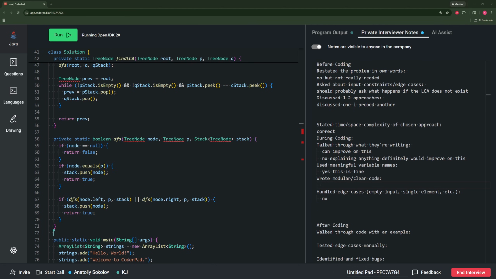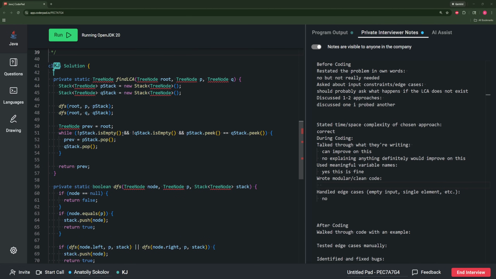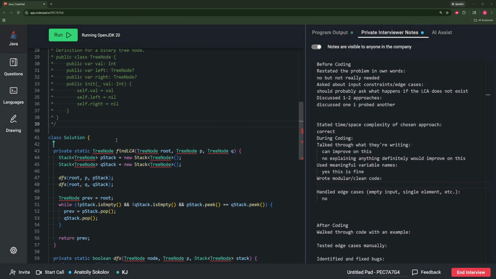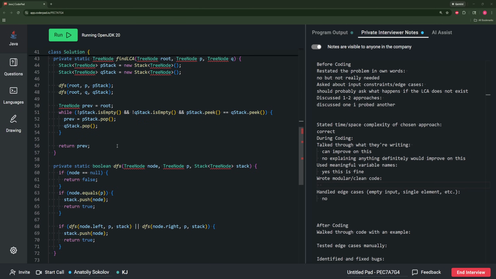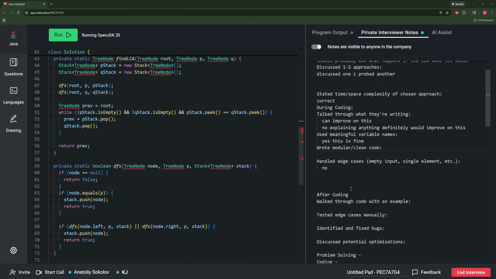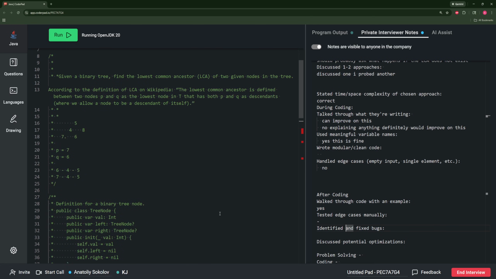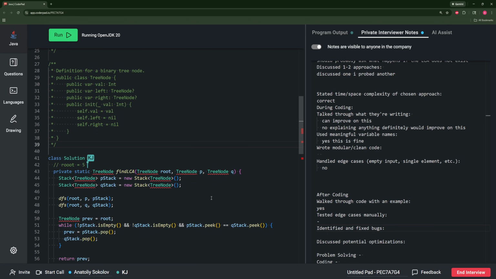Okay. I think I've implemented an outline. I can go over the code, maybe with an example. Sure. So with the example I've given here, we're starting with root equal to 5, p equal to 7, and q equal to 6.